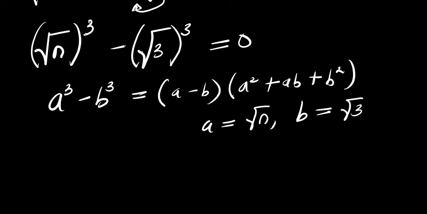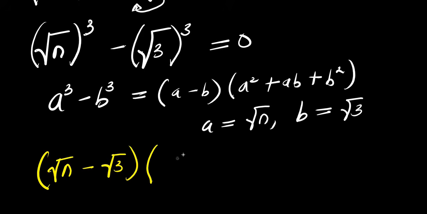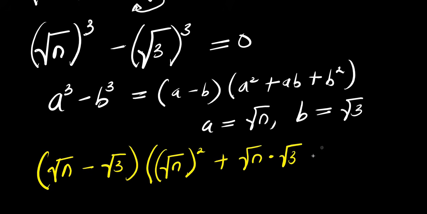So from here, we are simply going to have square root of n minus square root of 3 times square root of n raised to the power of 2 plus square root of n times square root of 3 plus square root of 3 to the power of 2 equals 0.